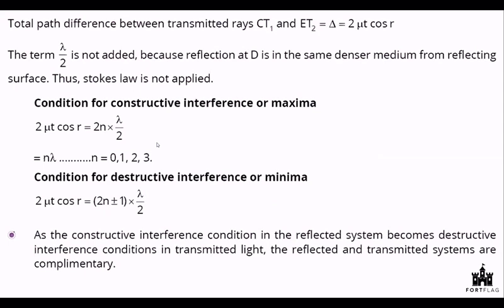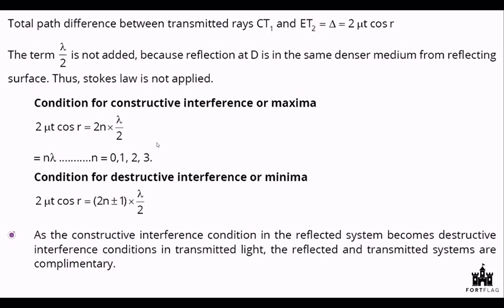So both these conditions are exactly vice versa of the reflected system, as some of you observed yesterday. These are the criteria for interference of light due to which system? Transmitted system, and it is exactly the reverse of the reflected system.